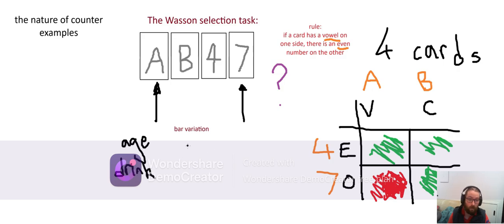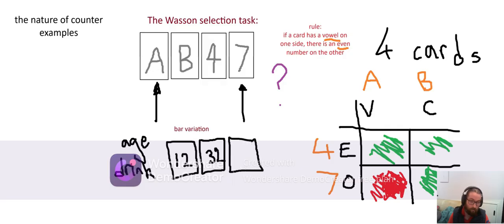Let's say the 4 cards now are age 12, age 32, beer, and for the other one, we'll say something non-alcoholic.